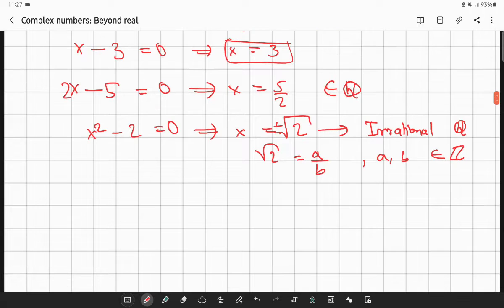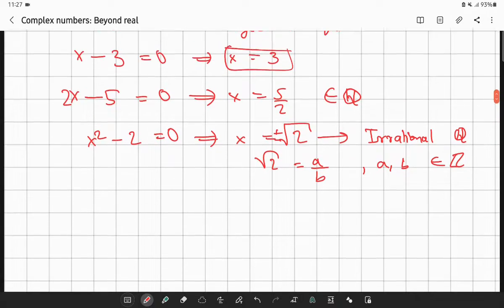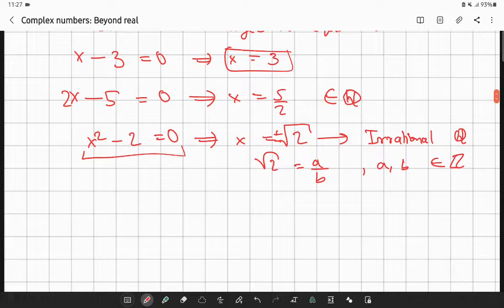Right? So what I'm trying to get at is that when you solve algebraic equations, you find new kinds of numbers. So suppose I have the equation x squared plus 1 equals 0. The solution to this is x equals square root of minus 1. Is this number actually defined? I mean, how does the square root of minus 1 make any sense? It's something to think about, right?